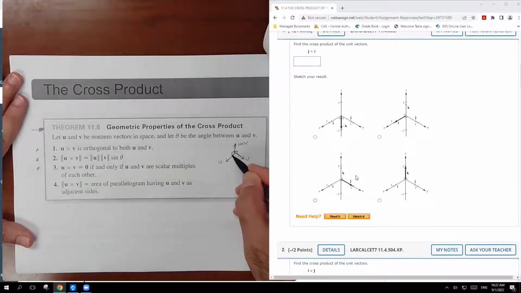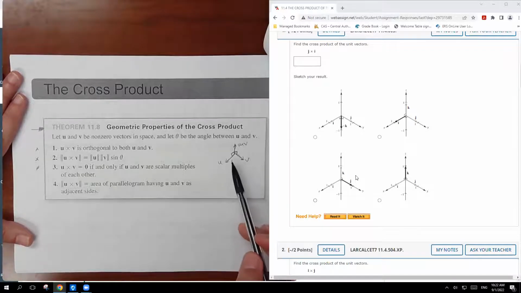That means the angle here is 90 and the angle here is also 90. So the cross product is another vector that is always orthogonal to U and V.